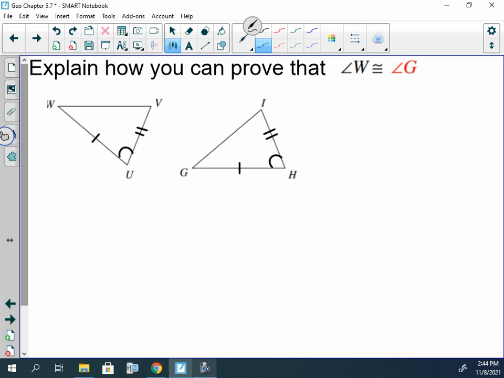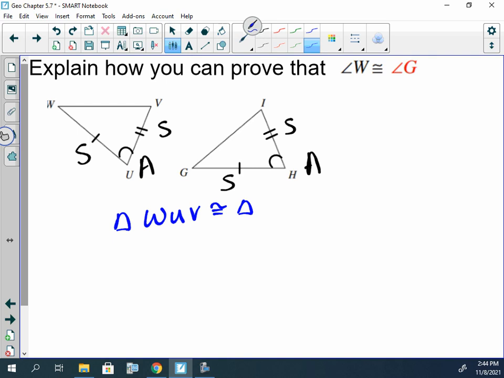Because what do we have? We have a set of sides, a second set of sides, and an angle in the middle, yes? So we can say triangle what? So WV is congruent to? By what? What did we want to prove?